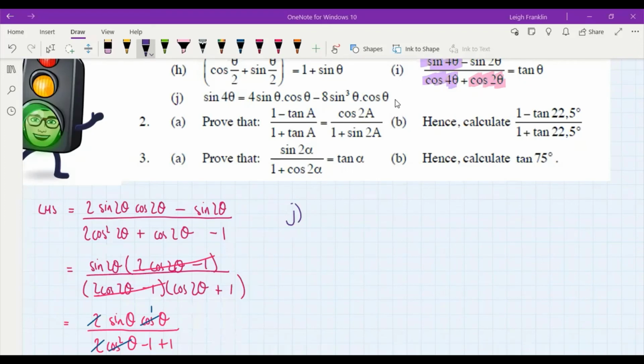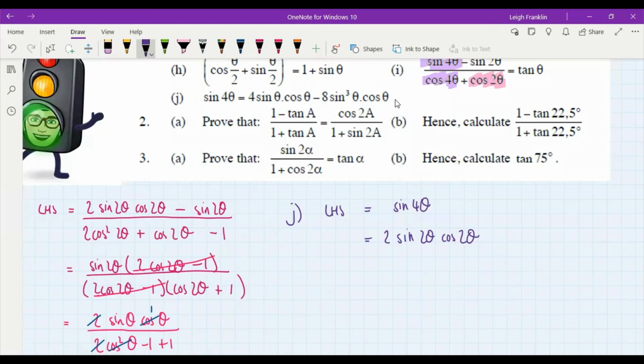All right, so left-hand side equals sine 4 theta. Okay, so that gives us 2 sine 2 theta cos 2 theta, doesn't it?